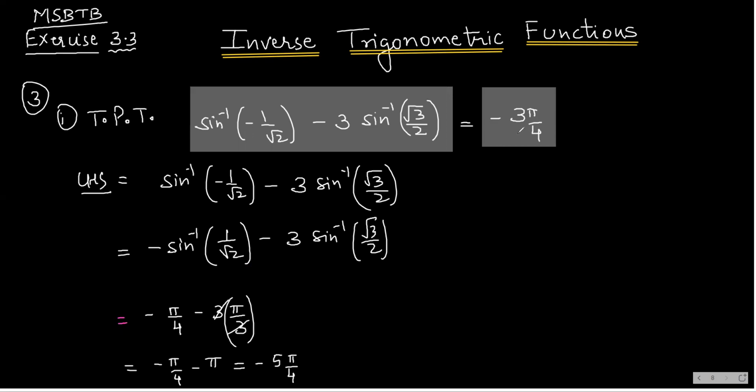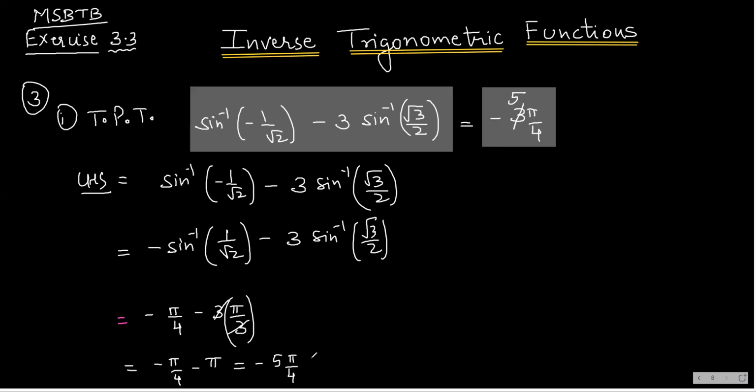And what is RHS? RHS is negative 3 pi by 4. So I think there is a mistake in the question itself. It has to be minus 5 pi by 4, not 3 pi by 4. So you will do the correction in the problem. The answer is minus 5 pi by 4.